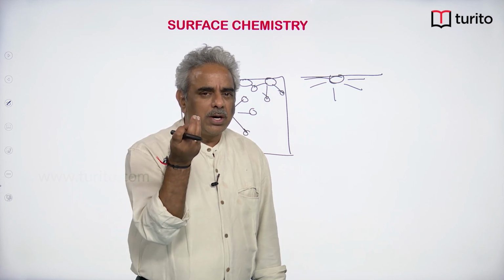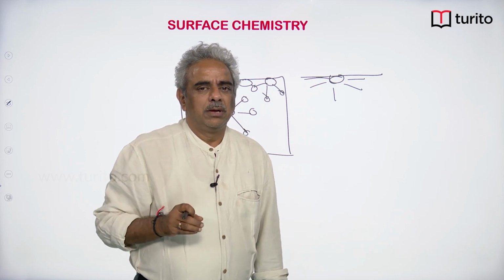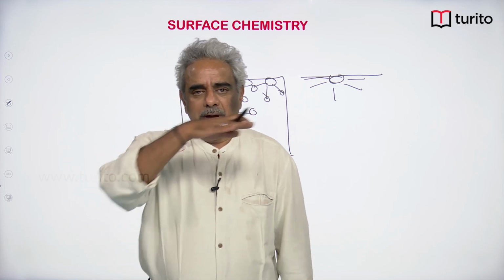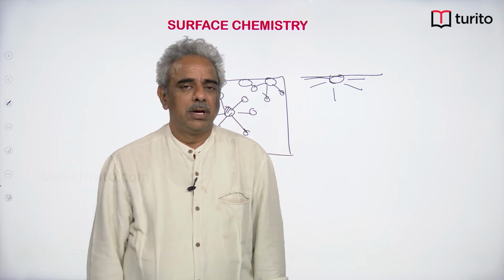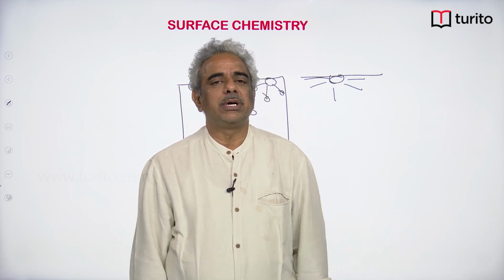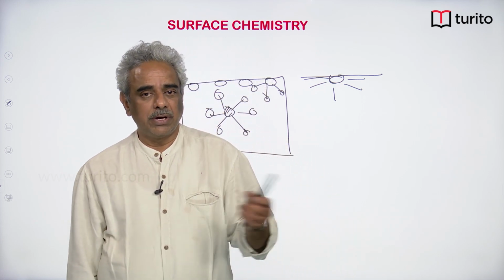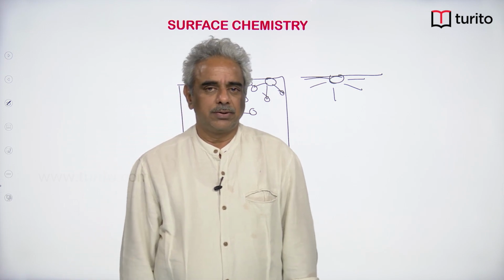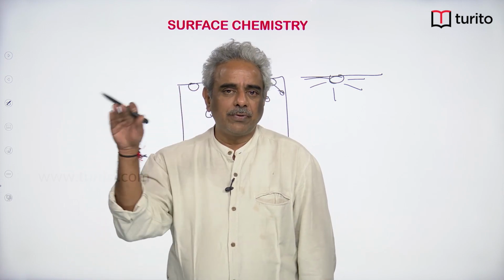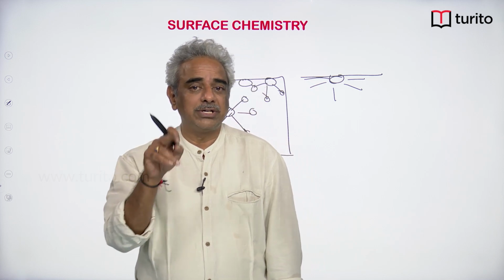So, from this small basic physics, we can clearly understand why the surface is more active than the bulk. In the bulk, molecules are saturated with attractions. On the surface, molecules are partially saturated with attractions. So, on the surface, the molecules are more energetic.